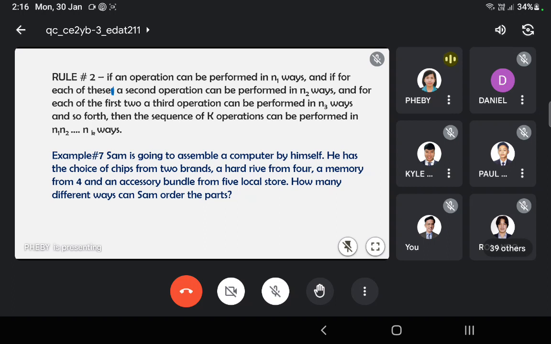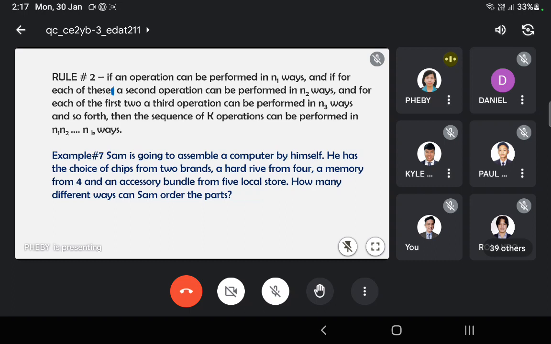So, walang limit kung ilang ways pwedeng gawin, or ilang operations yung pwede nating gawin. So, wala naman siyang limit.